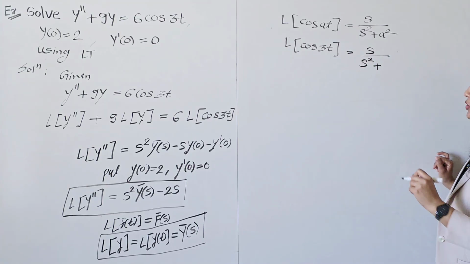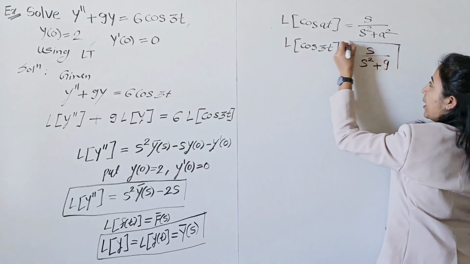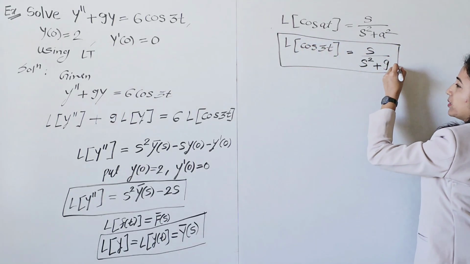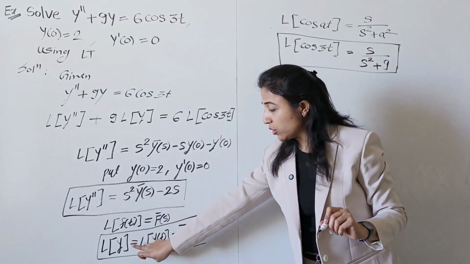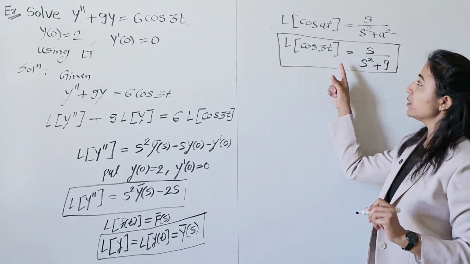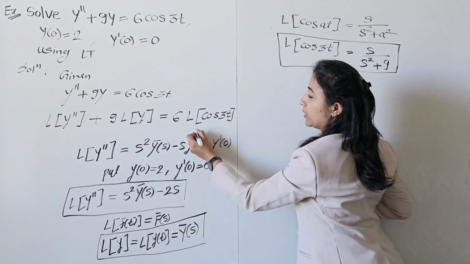Otherwise you can write 3 square as 9. This is the answer for the Laplace of cos 3t. So we know the Laplace transformation of y double dash, Laplace of y, and Laplace transformation of cos 3t. Put all these values in this equation.